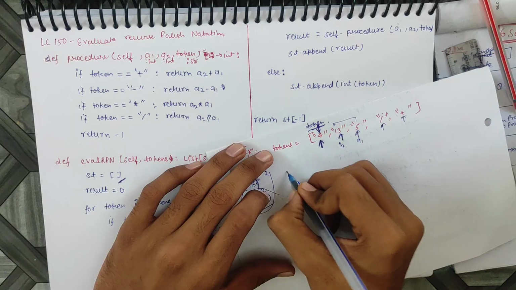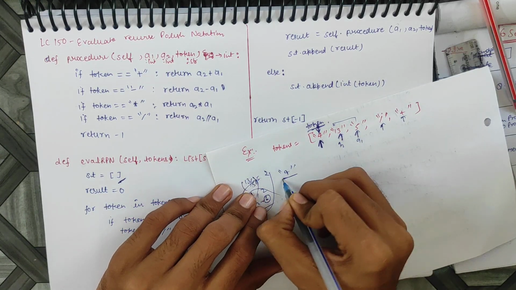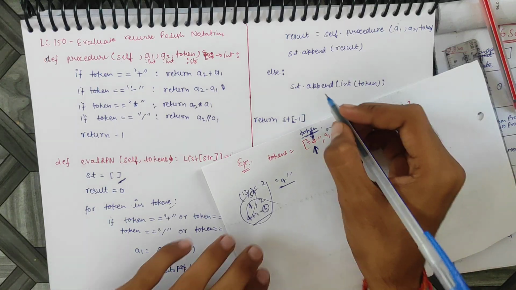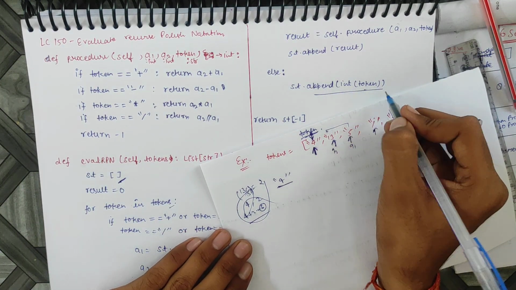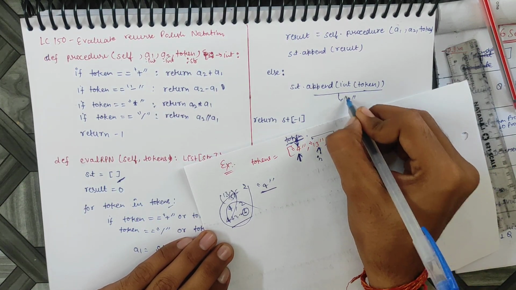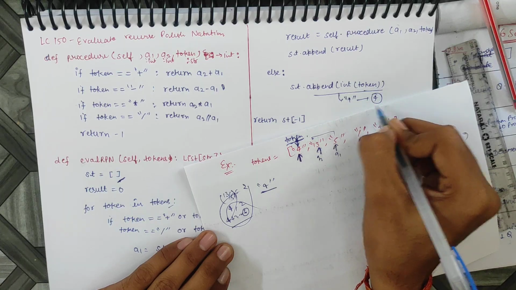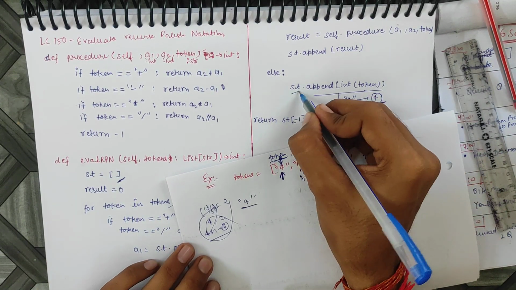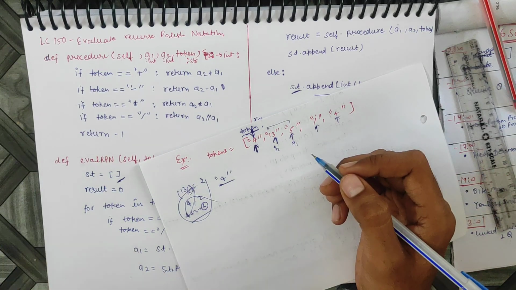Here 4 is not a number, it is a string, so we have to convert it into a number. So append int(token) converts 4 to 4 in mathematical form, and appending means we push that element into the stack.